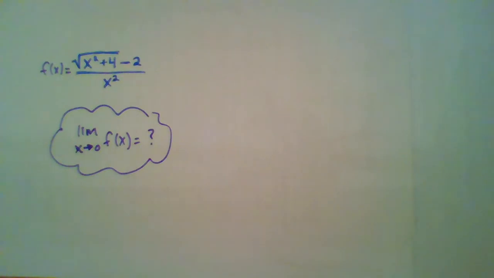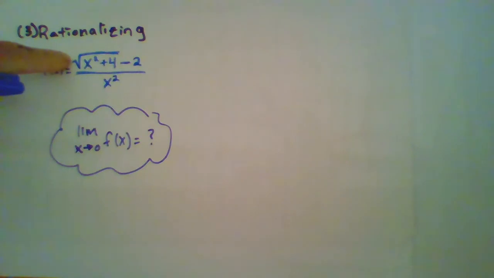So our strategy, our third strategy, is going to be called rationalizing. Now, you might remember this from previous work in algebra. Rationalizing means that we are going to move a radical expression like this one, either from the numerator to the denominator or the denominator to the numerator.